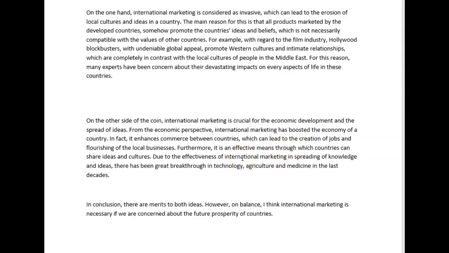You never gave me any examples about how marketing does this. You never explored it more in detail. So it was a very kind of cursory look at this. And to get a better score, especially in light of the fact that the first half of the paragraph was not appropriately developed, you needed to do more in terms of international marketing. So those were some of my concerns about your task achievement.